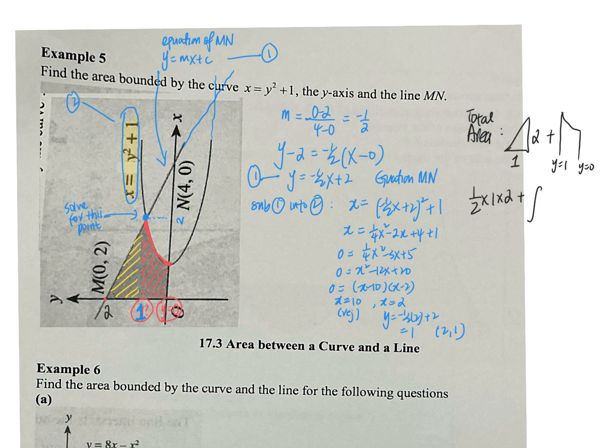Go and integrate the curve with respect to y from 0 to 1. So total is 2 and 1/3 units square.